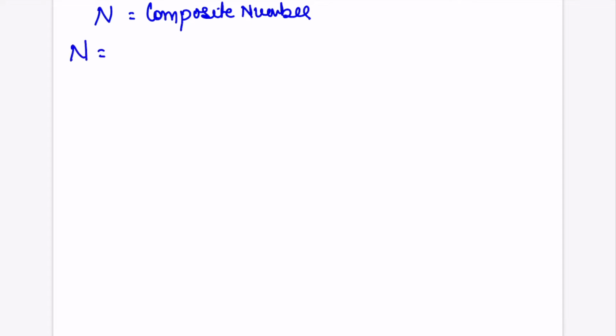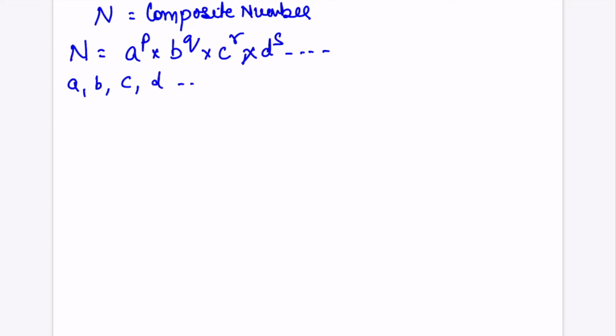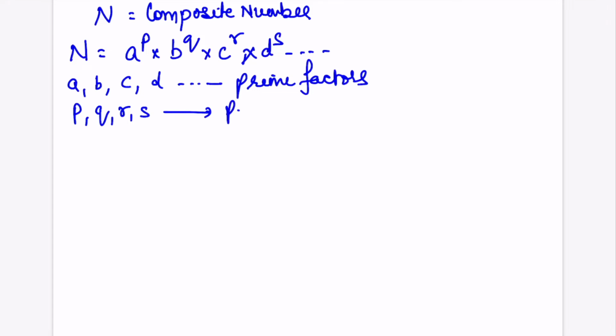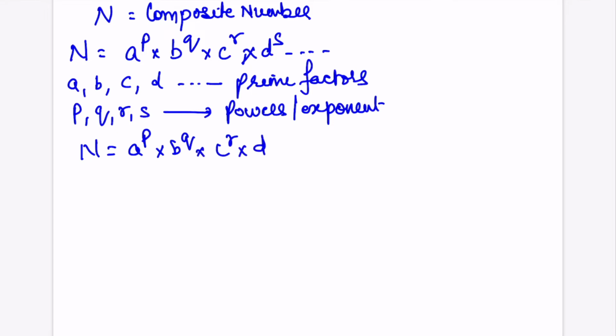So n is equal to a power p into b power q into c power r into d power s and so on, where a, b, c and d etc. are prime factors and p, q, r, s are the powers or exponents. So your formula is n equals a^p into b^q into c^r into d^s.